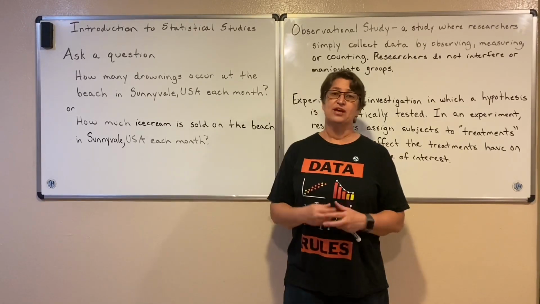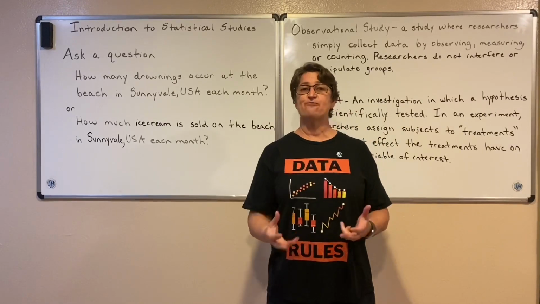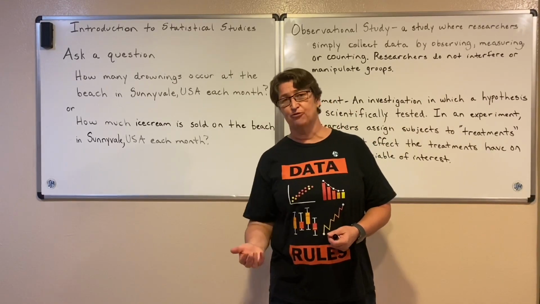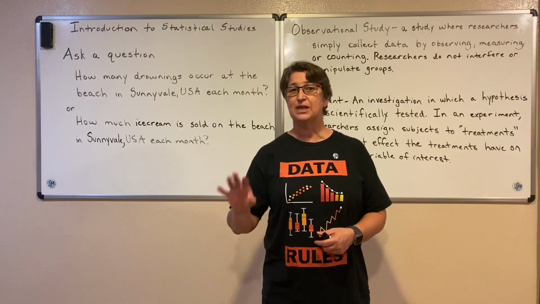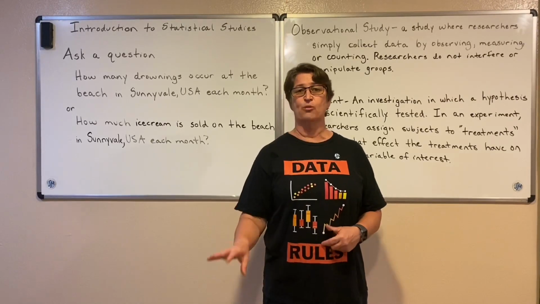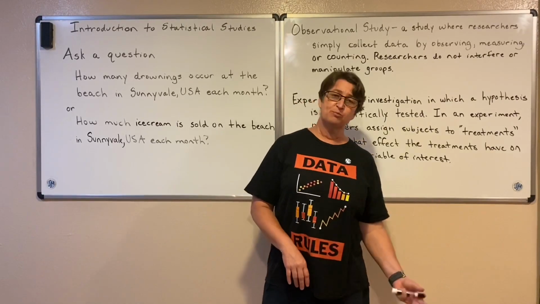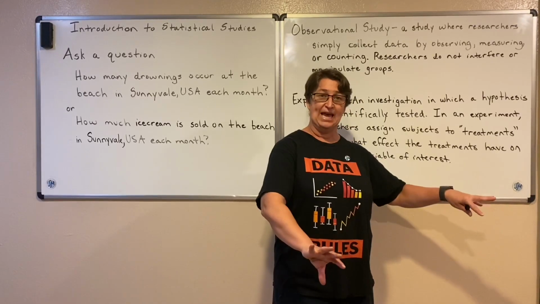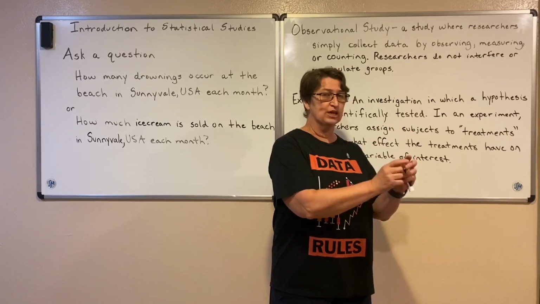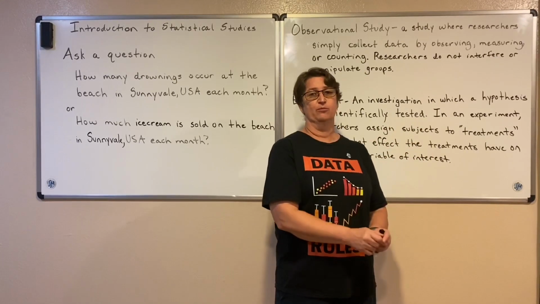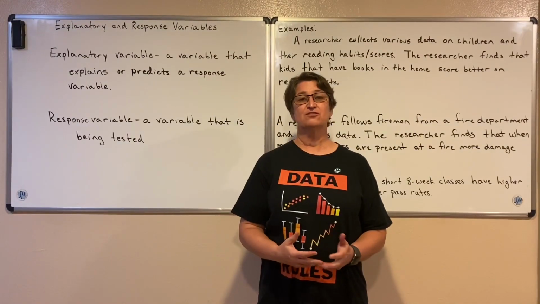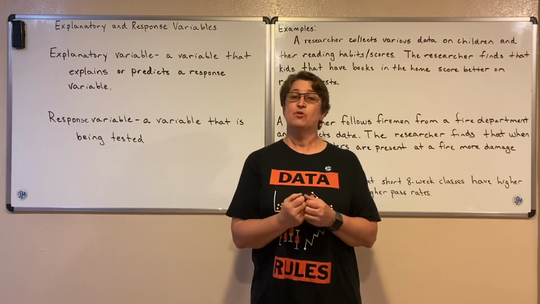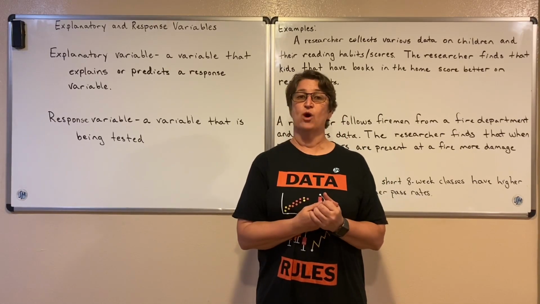So that's kind of the introduction to what the difference is between an observational study, where we simply observe data that already exists, and an experiment where we eliminate all outside variables that we can and then try to look at just one specific variable. In statistics, we'll collect data based on some question that we want answered.